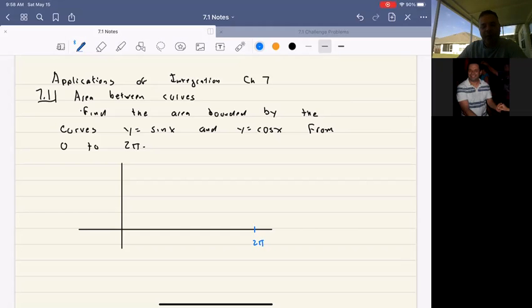Okay, so y equals sine of x. We actually know what that looks like pretty well. I'm going to graph this one in blue. There's y equals sine of x, and y equals cosine of x I'm going to graph in orange.